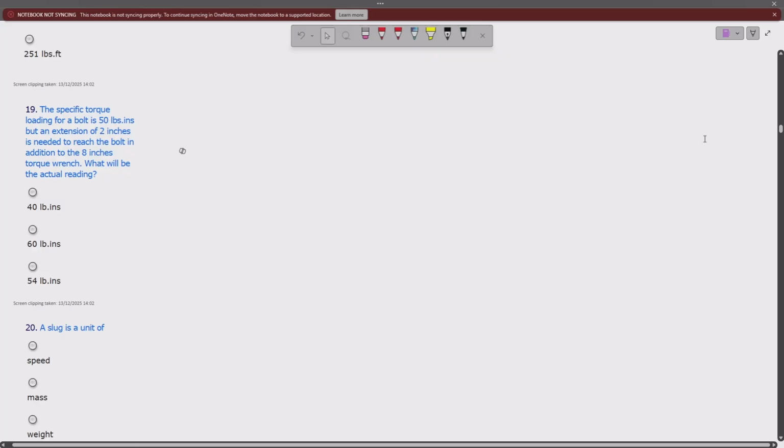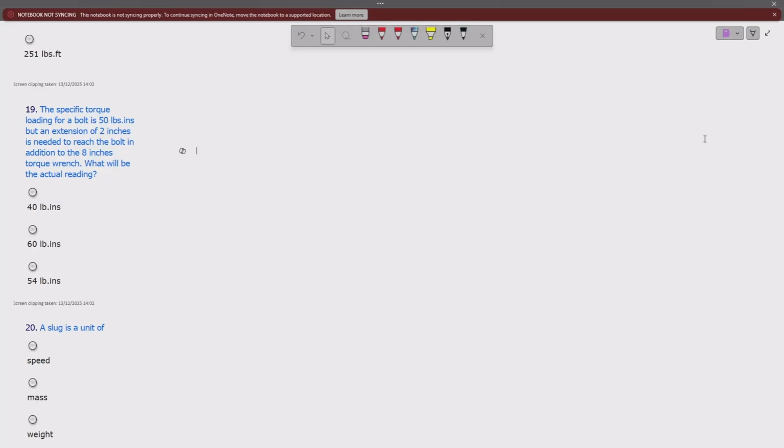Question number 19. The specific torque loading for a bolt is 50 pounds each, but an extension of 2 inches is needed to reach the bolt in addition to the 8 inches torque range. What will be the actual rating? To be able to solve this kind of question, there is a specific formula that we can use.